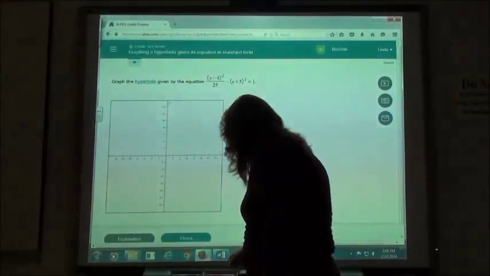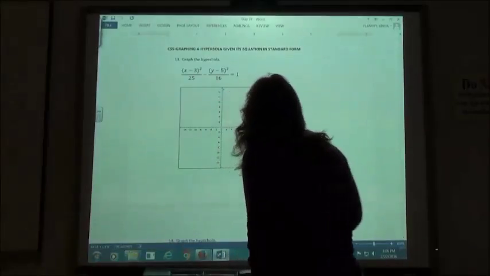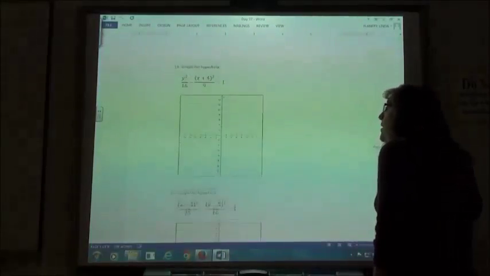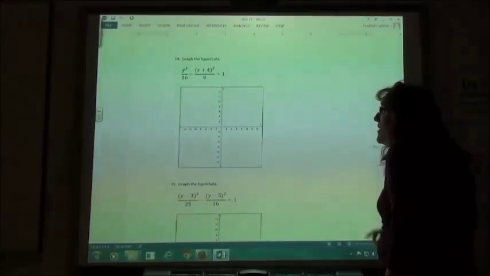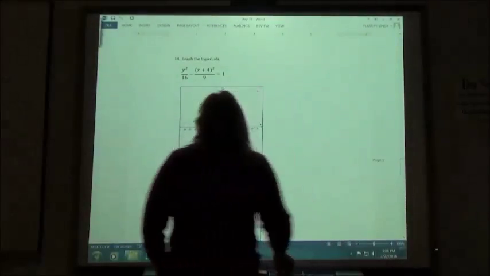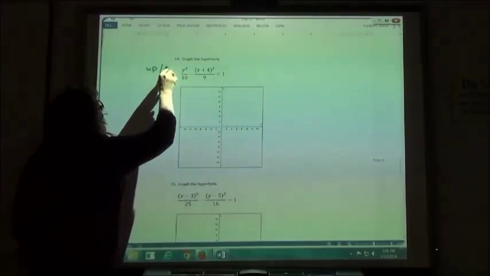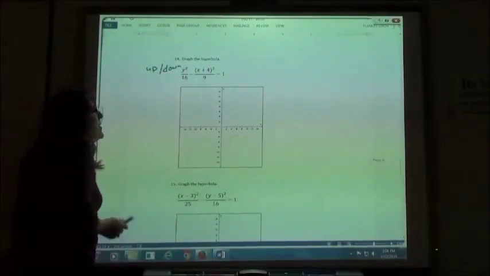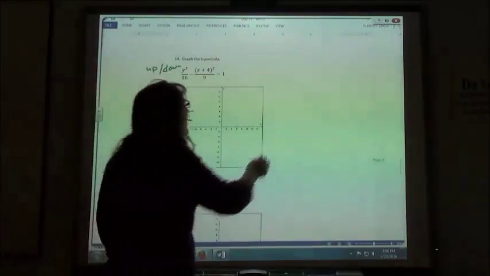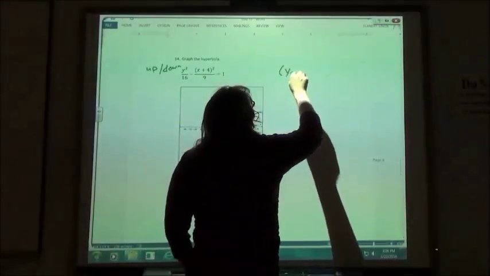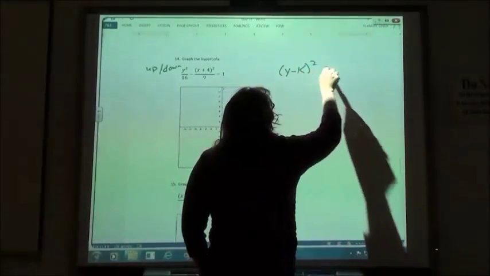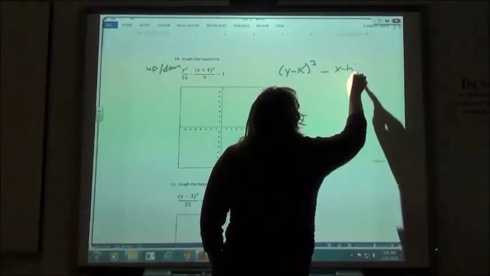So if I go back over here to number 14, notice that one is the other way around. The y squared is first. That tells me it's going to go up and down. Now my center, when I do this, I'm still thinking y minus k squared and x minus h squared.